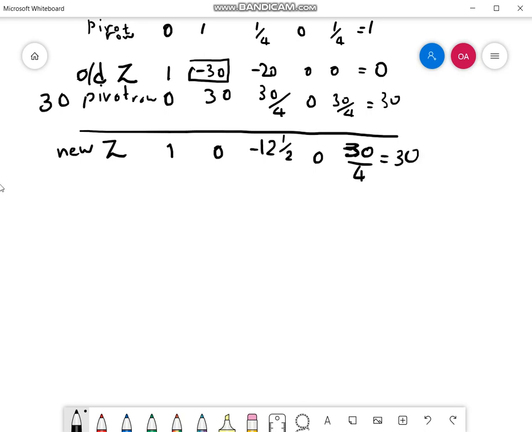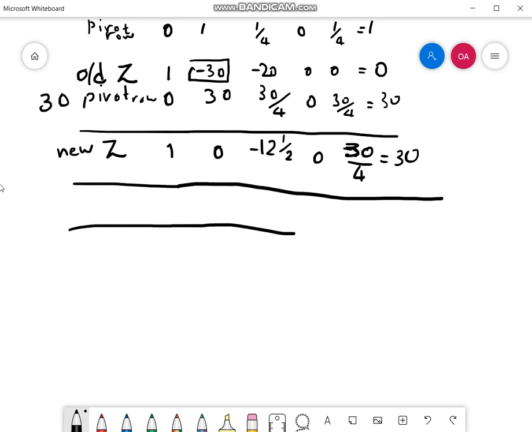Then I can put them into my tableau and check whether I reach my optimality condition.